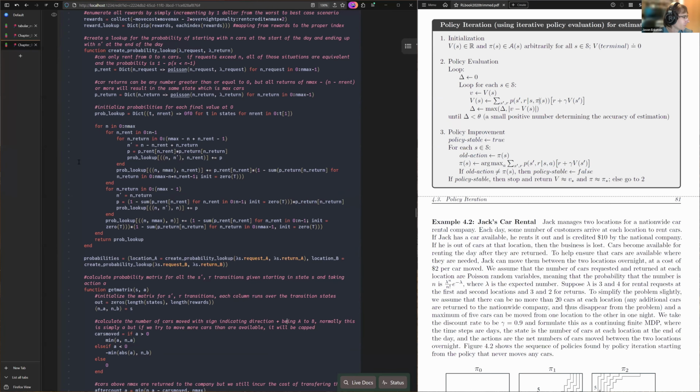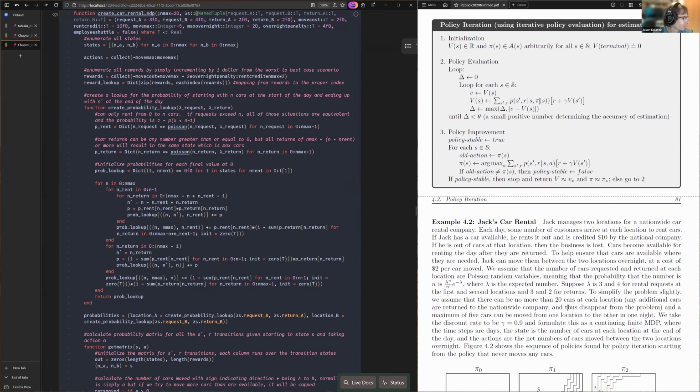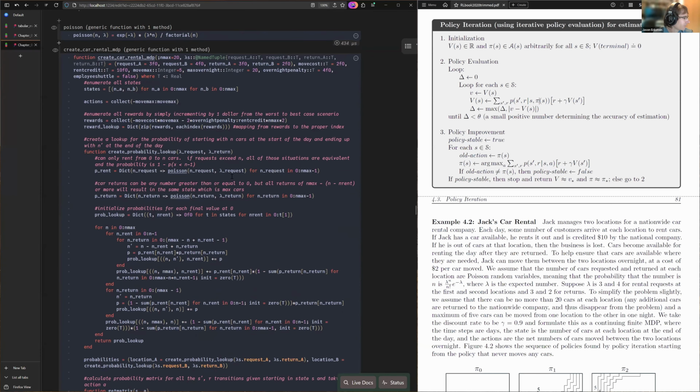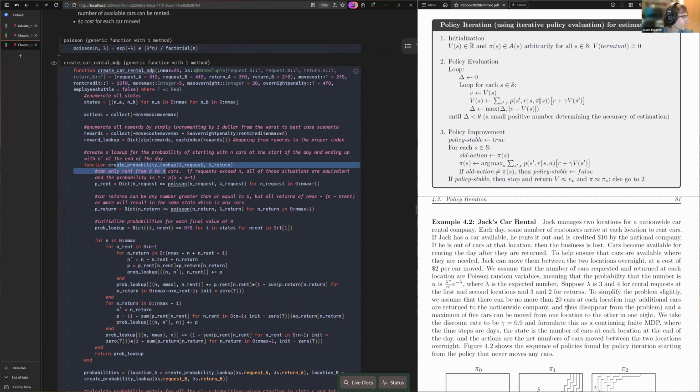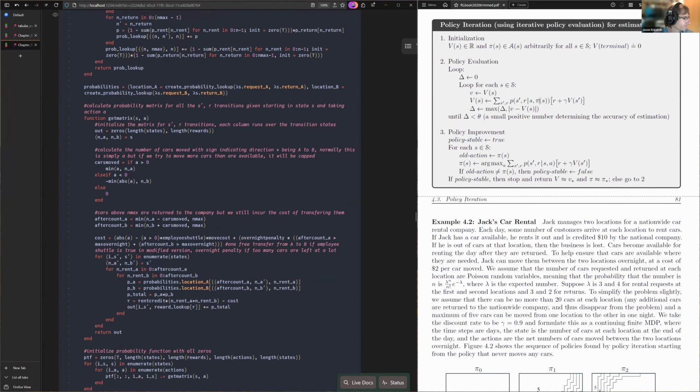It does involve using the Poisson equation. Luckily, since we have the Poisson distribution here, we know the exact probability of every n value for the customers. And if you look at this, it's just iterating through all the possibilities and making a big dictionary lookup of all the probabilities.